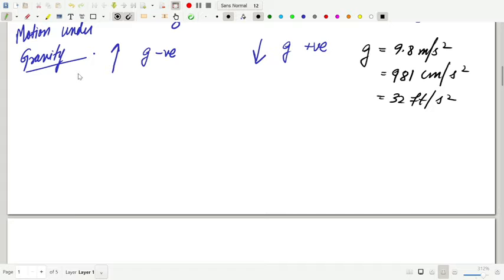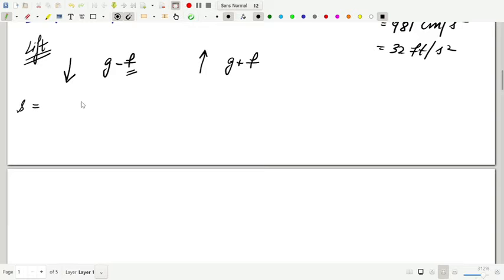Now, for the motion of a lift, when the lift is descending, we take acceleration to be g minus f, where f is the acceleration of the lift, and when the lift is ascending upwards, we take it to be g plus f.